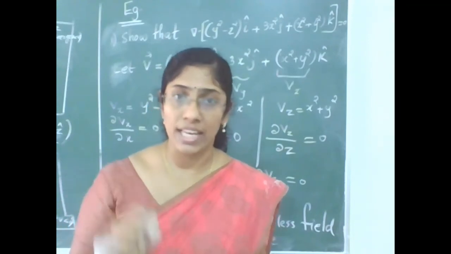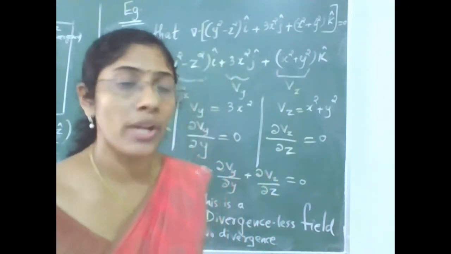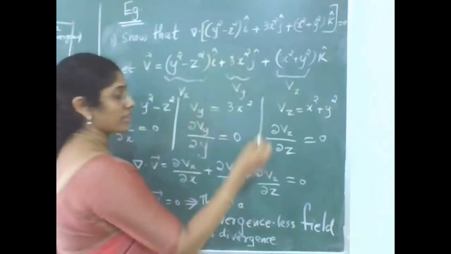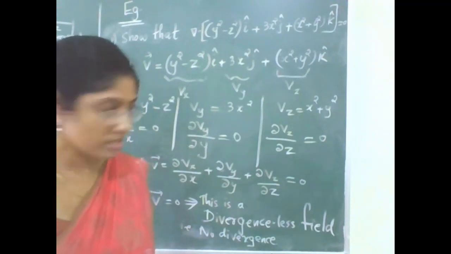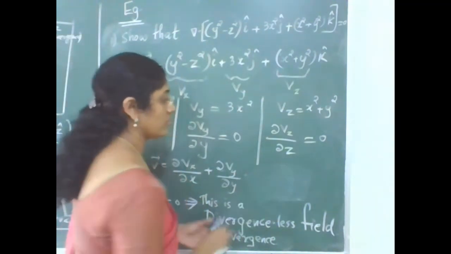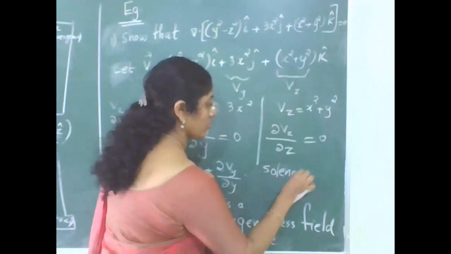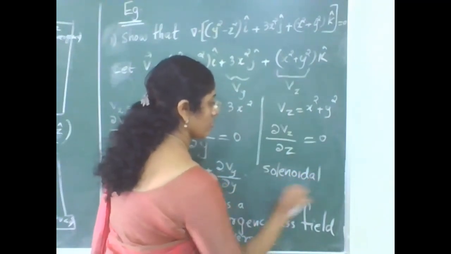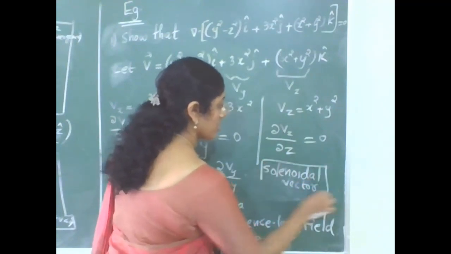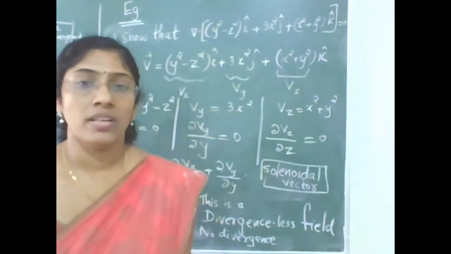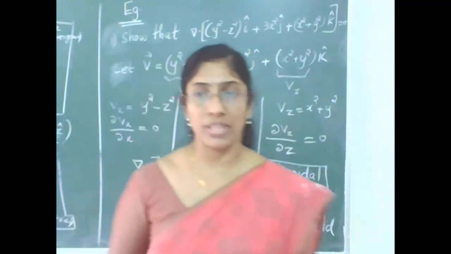If a field is divergence-less, then that vector is known as a solenoidal vector. So this is the case of divergence.